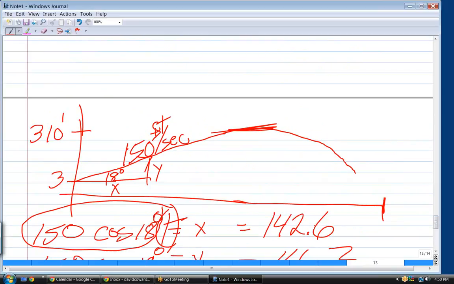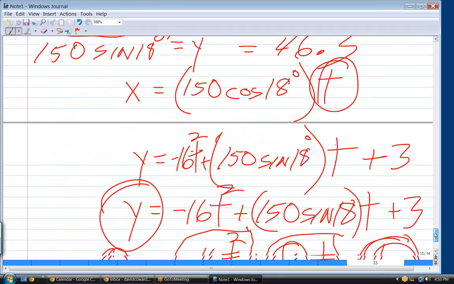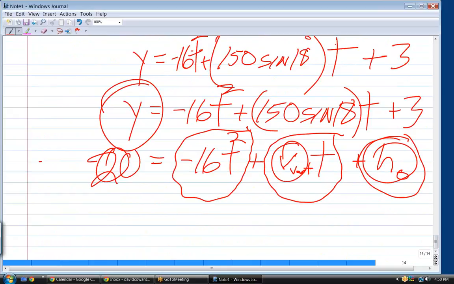I would be surprised if they ask you one as hard as the one I gave you, where you have a wall that's 20 feet high. Does the ball clear the wall? That's at least one notch more complicated. Because you're not looking for the ball to hit the ground, you're looking for where the ball hits the 20-foot height mark. And notice that if I substitute 20 for y, I've got a quadratic.